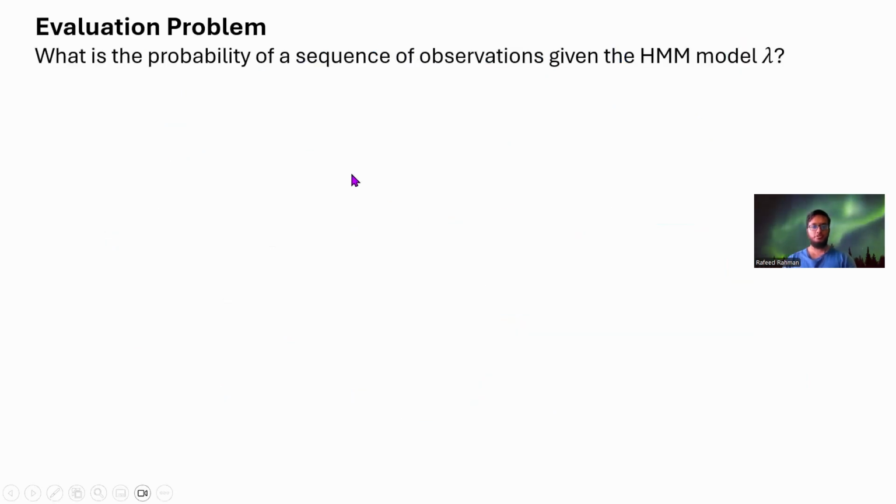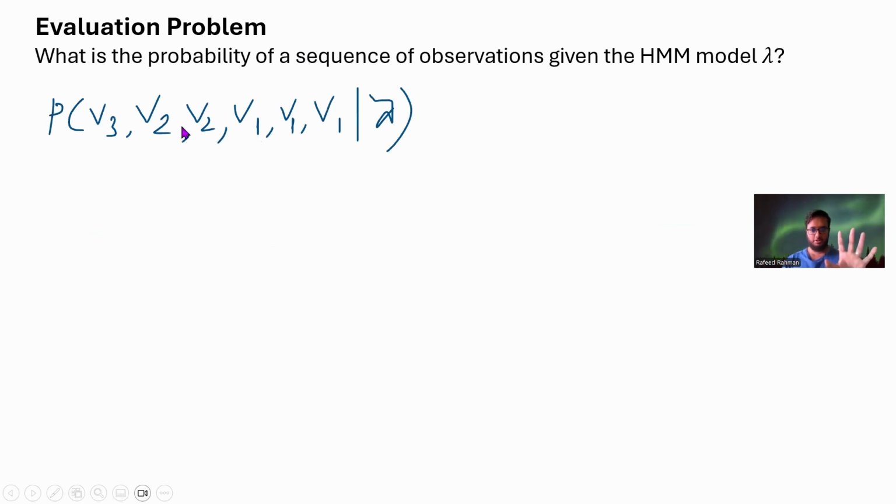So let's first understand the evaluation problem. The evaluation problem states: what is the probability of a sequence of observations given the HMM model lambda? It says nothing about states. The only thing it talks about is the observations. Just to give an example, we saw three observations previously, low, moderate, and high ctDNA level, denoted by V1, V2, and V3.